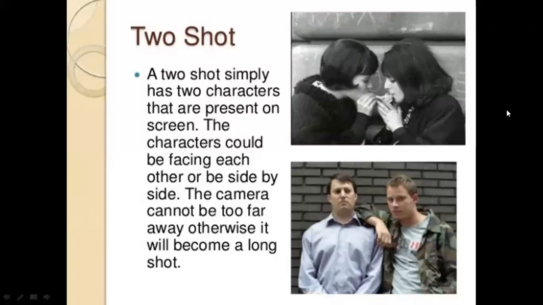For instance, if two people are talking facing the camera in a medium shot and the foreground character turns their back to the camera, the shot turns into an over the shoulder, called OTS, that is over the shoulder.